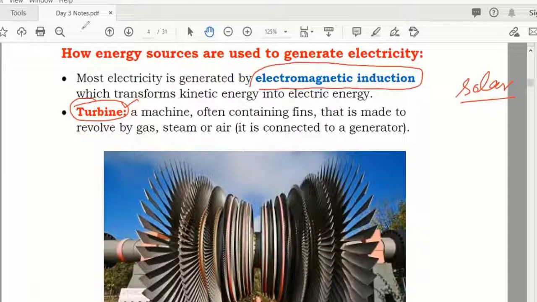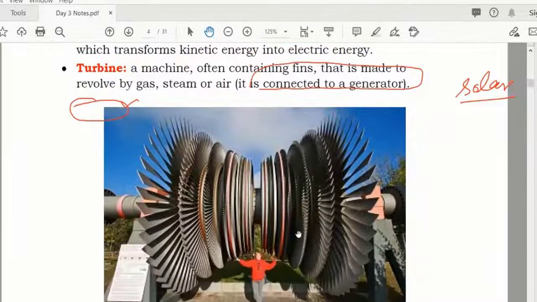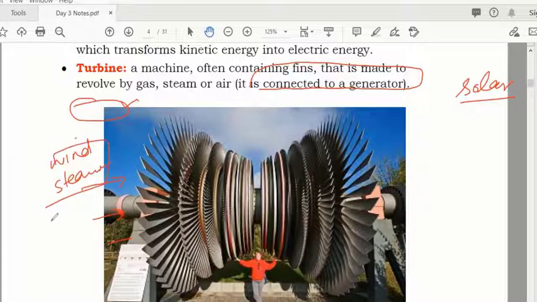The turbine is a really simple thing, like fan wings, you can say, but quite big. This turbine rotates. They can rotate it with the help of wind, with the help of steam, and with the help of water.